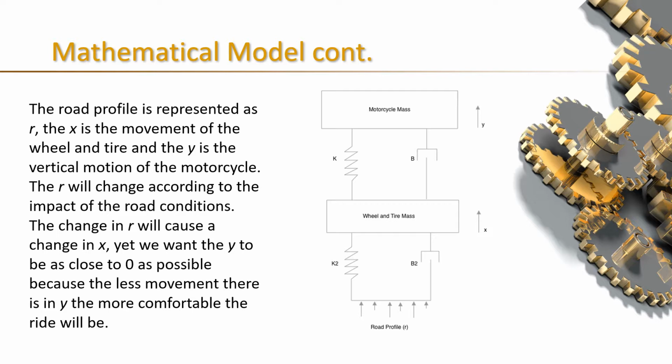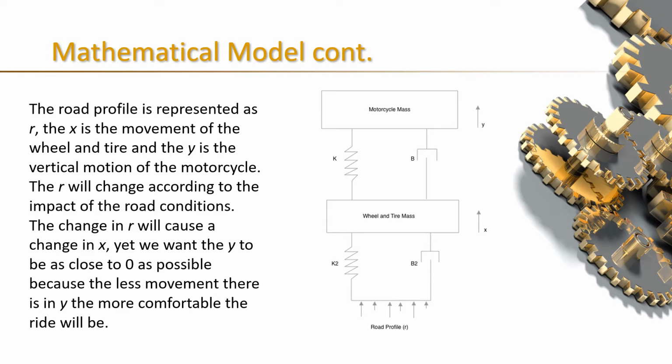The change in R will cause a change in X. Yet we want Y to be as close to 0 as possible, because the more movement in Y, the more uncomfortable the ride, even though it's probably impossible for Y to be 0 in a realistic situation. But we don't want as much movement in the Y, basically, when it comes down to it.